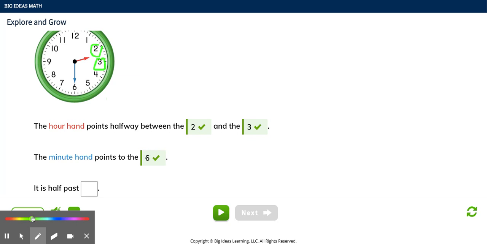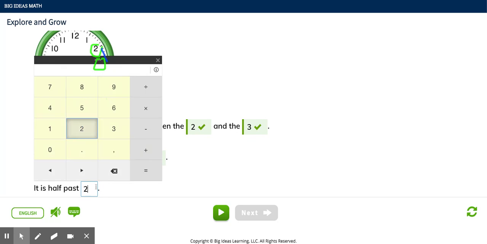But like I said, has it gotten all the way to our 3 yet? It is not to our 3 yet. It is still in that blue. It is between the 2 and the 3. So we call that half past 2 because it is halfway between the 2 and the 3.